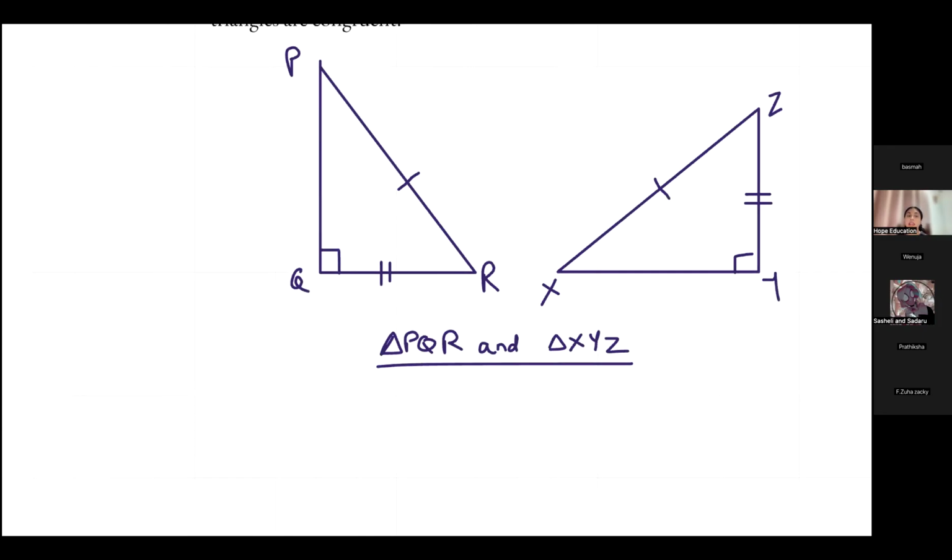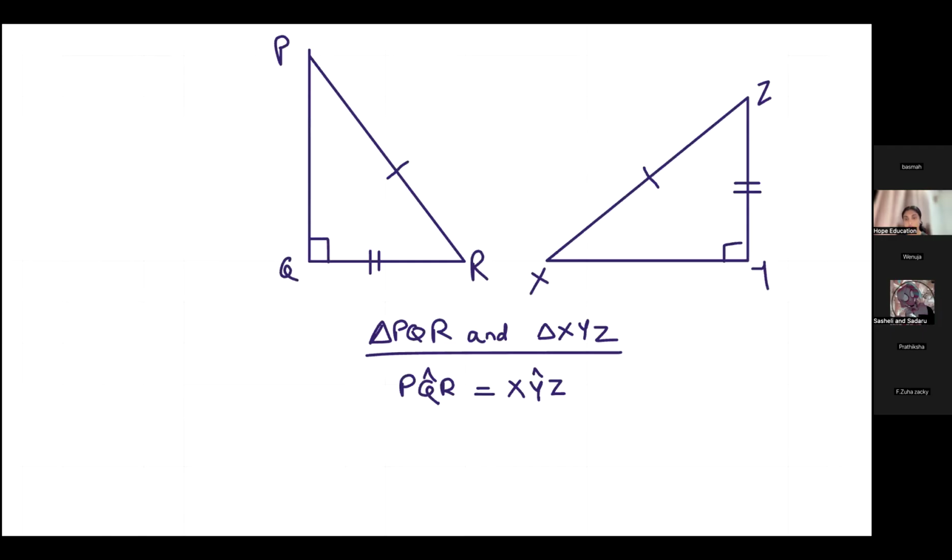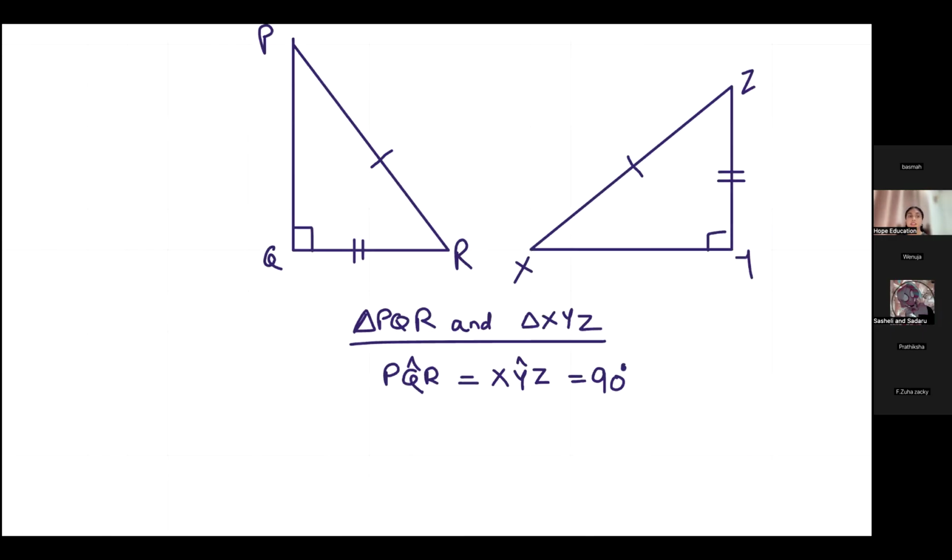First of all, let's write the right angle. In triangle PQR, angle PQR. And in triangle XYZ, angle XYZ. They are equal, and I will say they're equal to 90 degrees because here we need a right angle, no? So they're equal to 90 degrees.